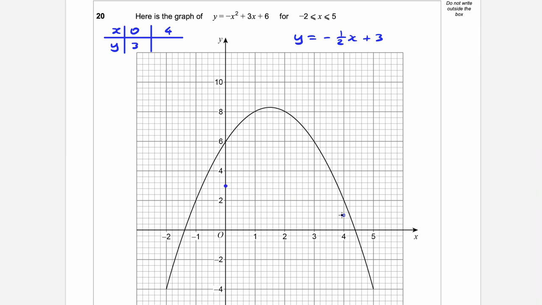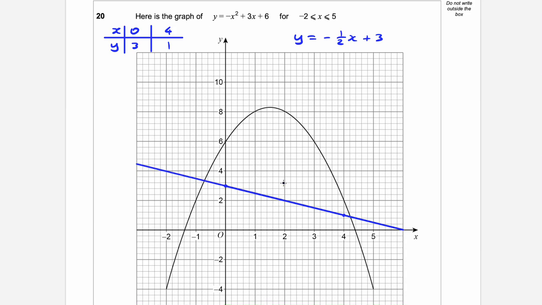and that's 0, 3, and this is 4, 1. So I just have to draw a line straight through these two here like so, and let's just draw it back like this.